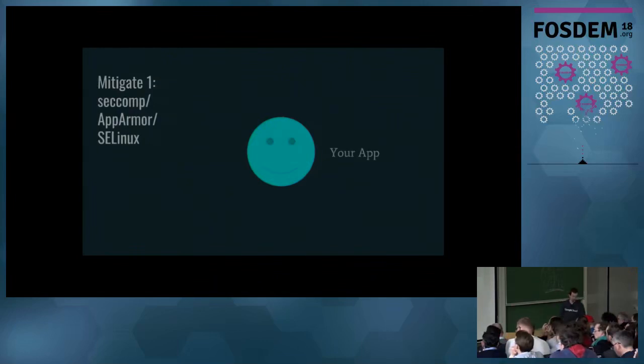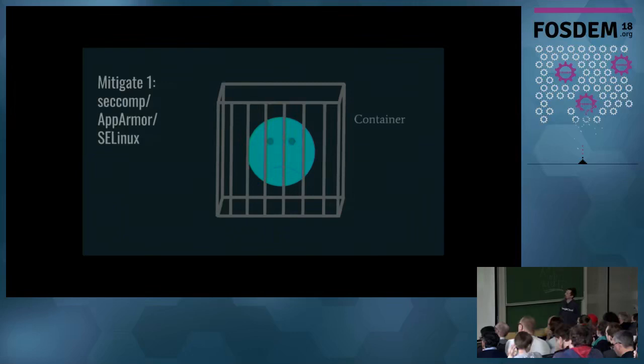And so those types of things you can try to mitigate a little bit better using a few features. If you're familiar with things like seccomp and AppArmor and SELinux, those are things that you can use to help mitigate this. So your app running just by itself is fine, but when you put it into a container, it's harder to break out of it, but it's a little bit porous in the sense that if there's a kernel exploit or some sort of problem within the kernel, that could potentially allow you to get out.